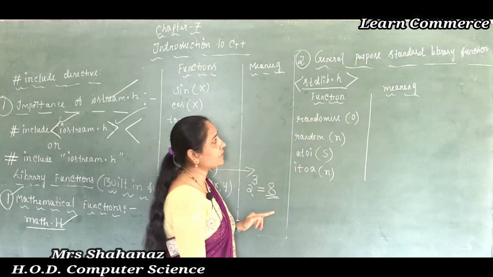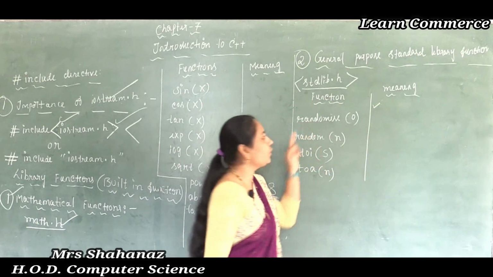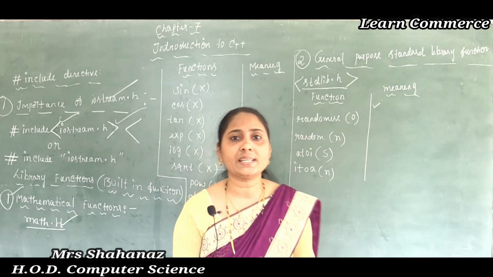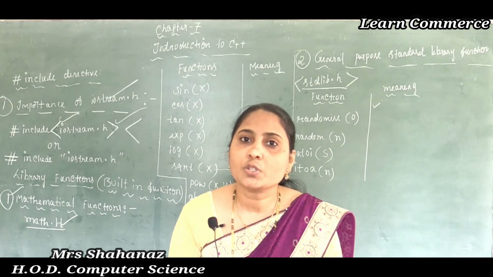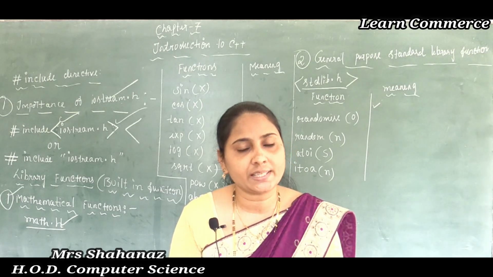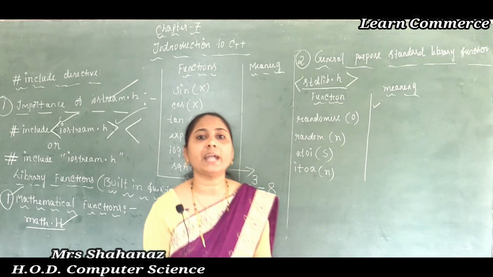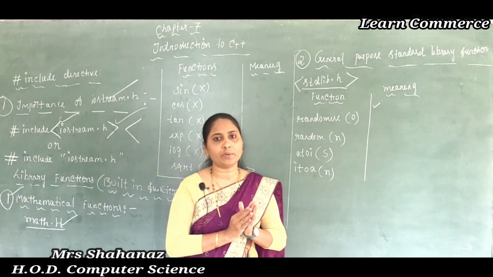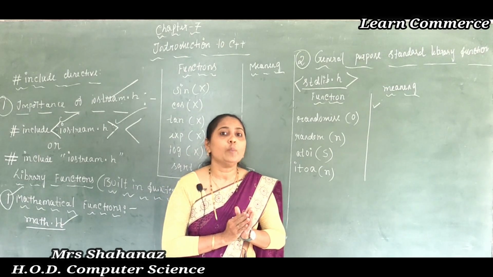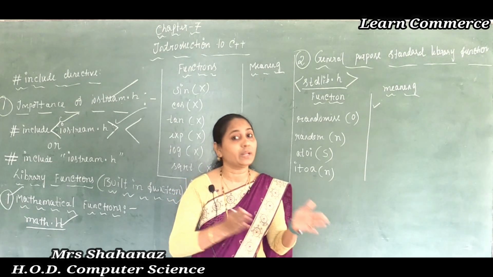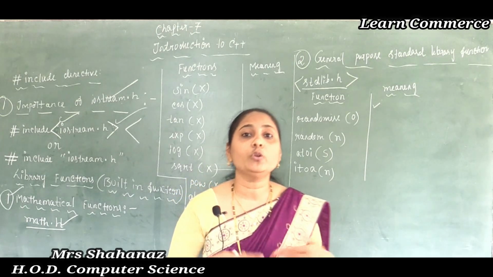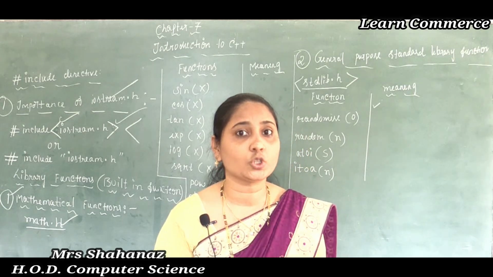So now let's summarize the functions and their meaning. The first function is randomize of 0. Why are we using randomize of 0? It initializes the generator with a random number. Maybe the number is 5, maybe the number is 10 here. So I want to generate a number. First of all we need to initialize.